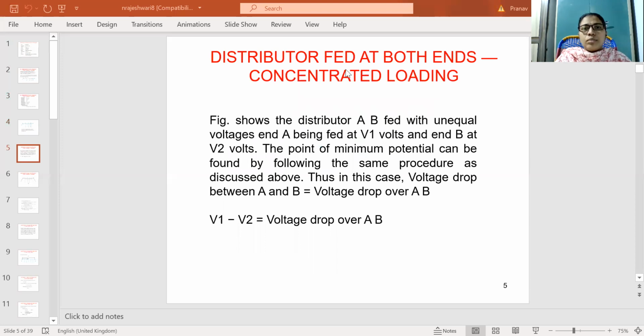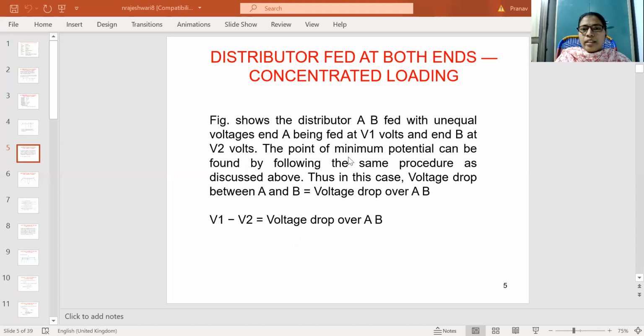Coming to the distributor fed at both ends with concentrated loading, the figure shows the distributor AB fed with unequal voltages, at end A being fed at V1 volts and at B it is V2 volts. So on both sides, point A and point B have a connection with the distributor.